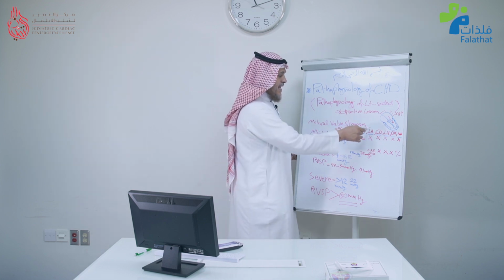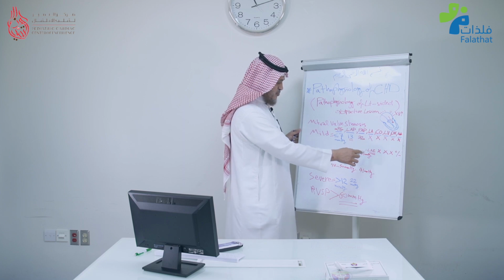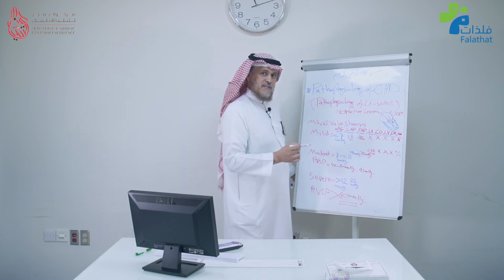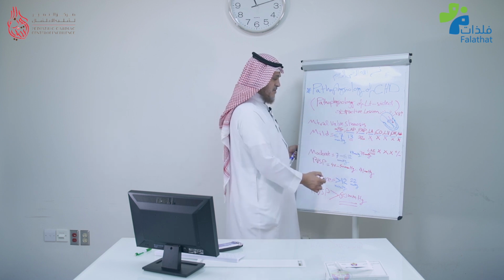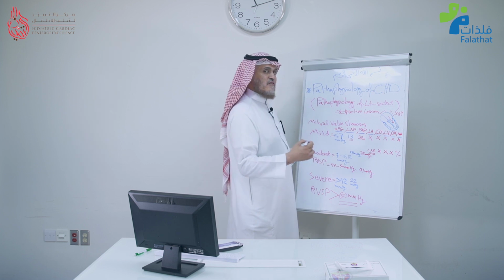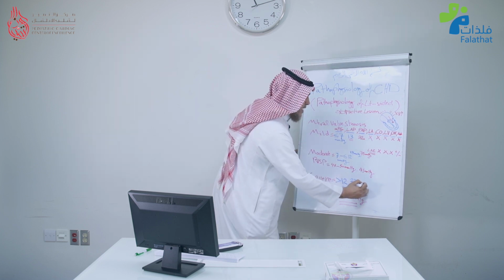So LA size, we said there is mild to moderate LA enlargement in moderate mitral stenosis. Obviously now, in severe mitral stenosis, there will be at least moderate to severe LA enlargement or LA dilatation.